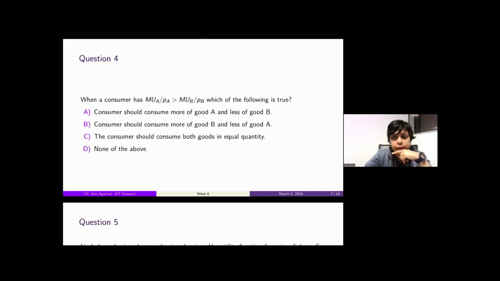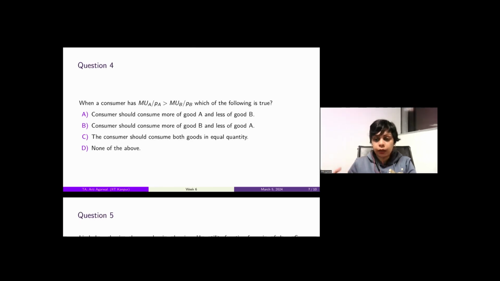What we are trying to calculate in this particular question is, and this is a crude expression, what you call bang for the buck. You are getting the marginal utility of good A and its ratio to its price versus the marginal utility of good B and its ratio to its price.